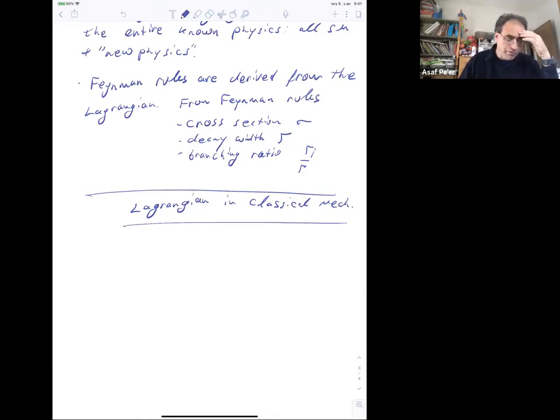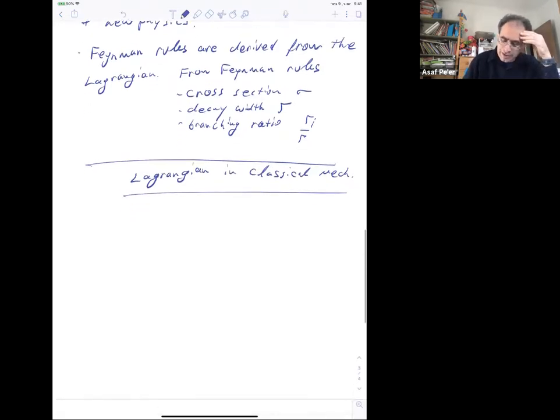The equation of motion of a particle is described in terms of the forces and the acceleration. We can use Newton's second law, F equal m x double dot. But we can get the same equation by the Lagrangian.